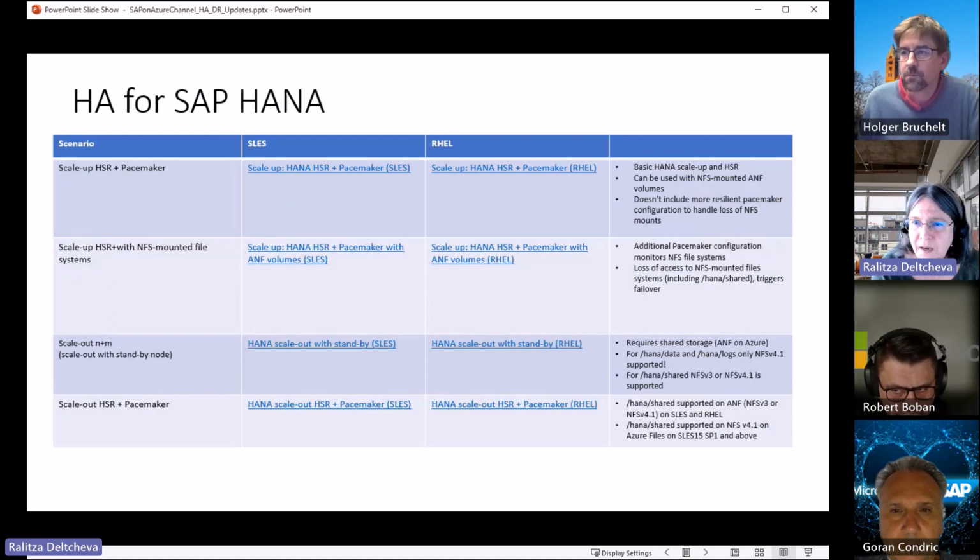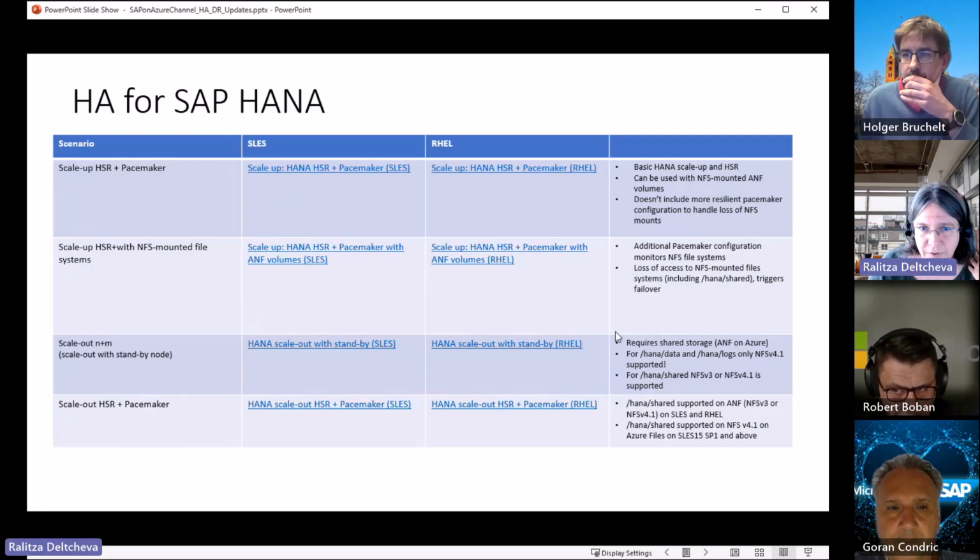And HANA shared would be NFS mounted in this case. If for some unforeseen reason there is a problem with accessibility to the NFS file system, the cluster loses its capability to monitor HANA.